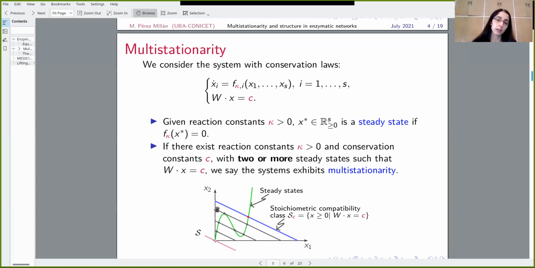And if you have at least one of these varieties, which are called stoichiometric compatibility classes, where you have two or more steady states, then the system exhibits multistationarity. Otherwise, it is said that the system is monostationary.